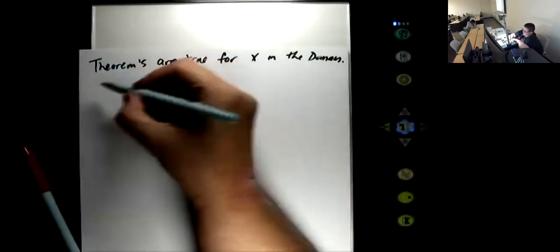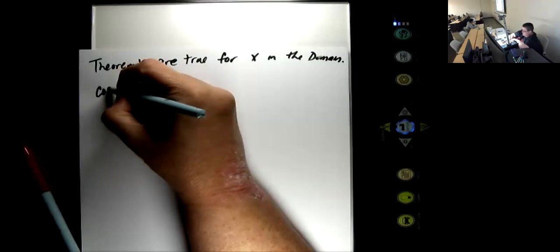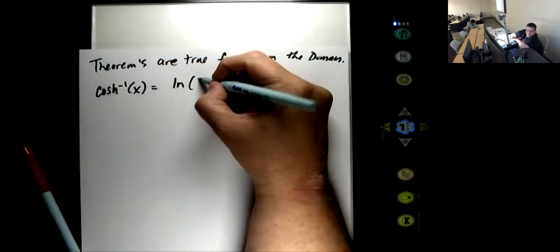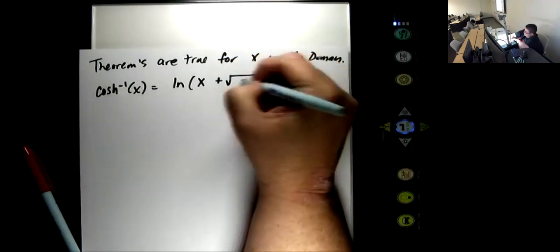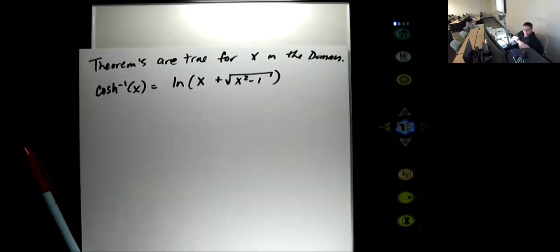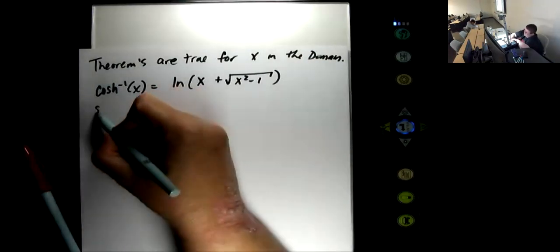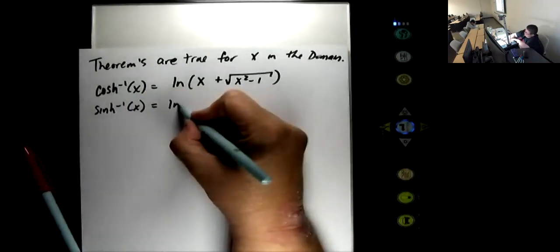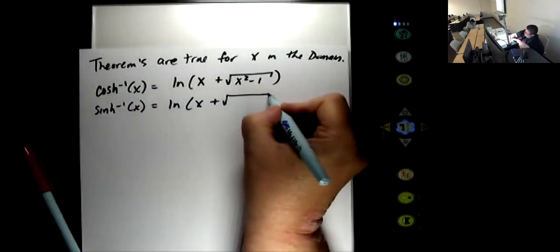We just showed cosh. Cosh inverse of x is natural log of x plus the square root of x squared minus 1. Sinh is pretty close. It's the natural log of x plus the square root of x squared plus 1.